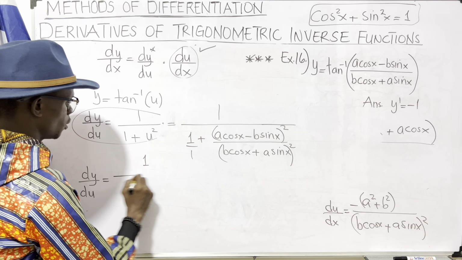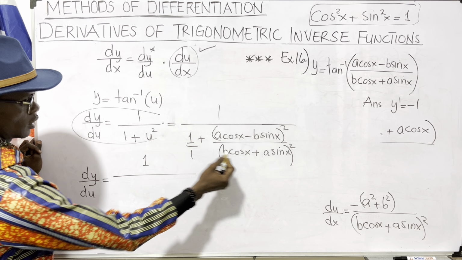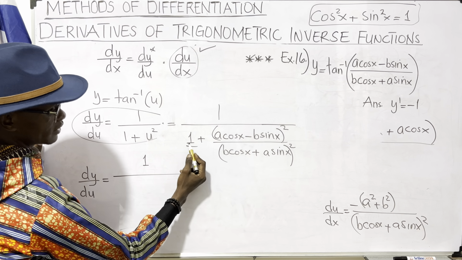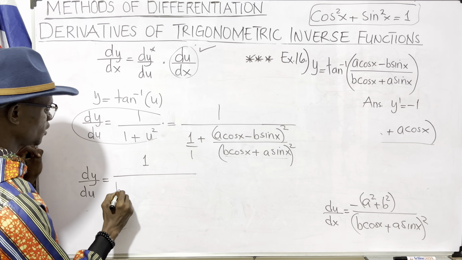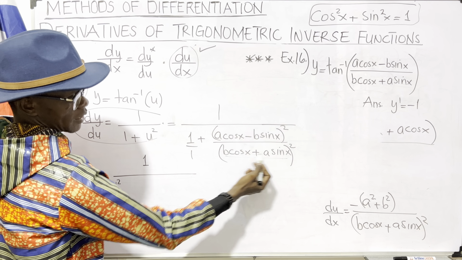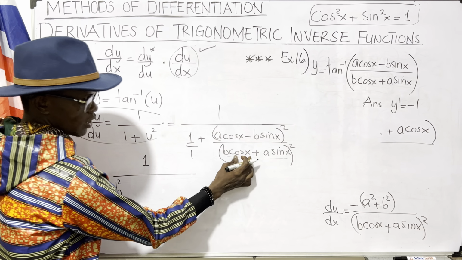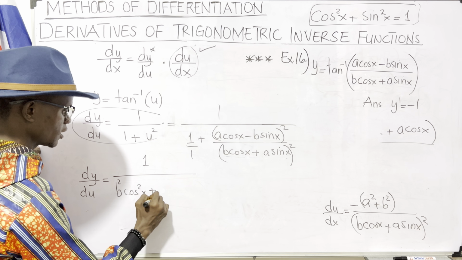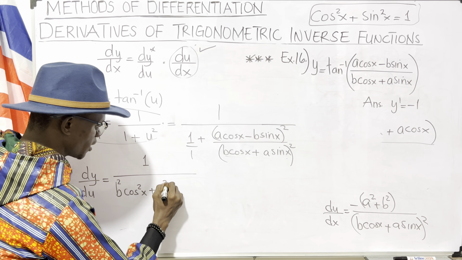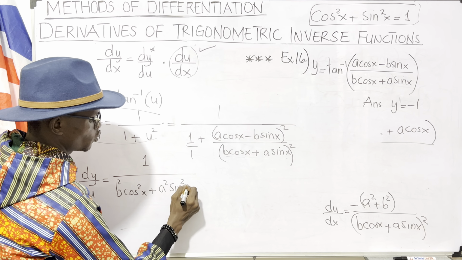so this is 1 all over. So if we multiply this and this, remember we can expand this expression. So if we expand this expression, it will give us b squared. One of the easier ways to expand this: you square the first term, you square the second term. So let's square the first term, b squared cos square x plus, let's square the second term, a squared sine square x.